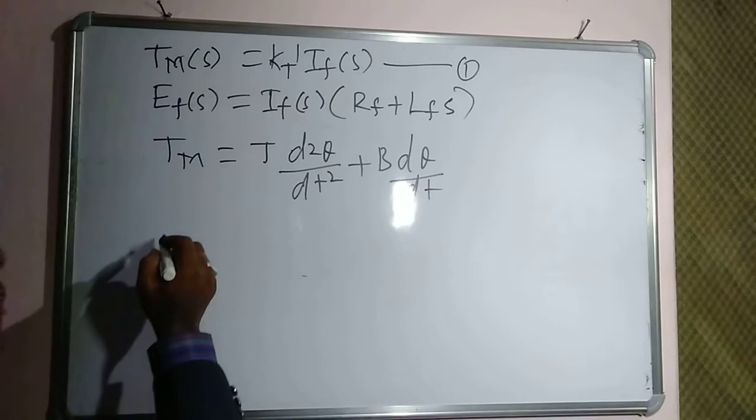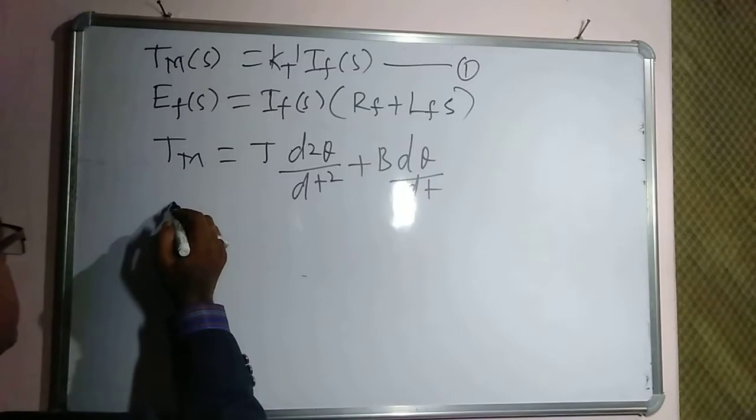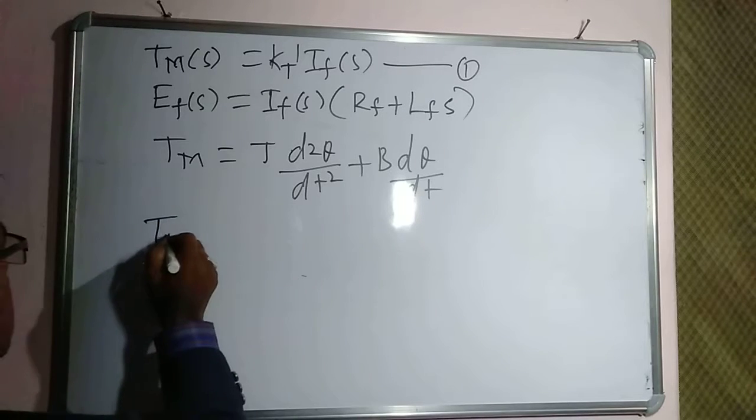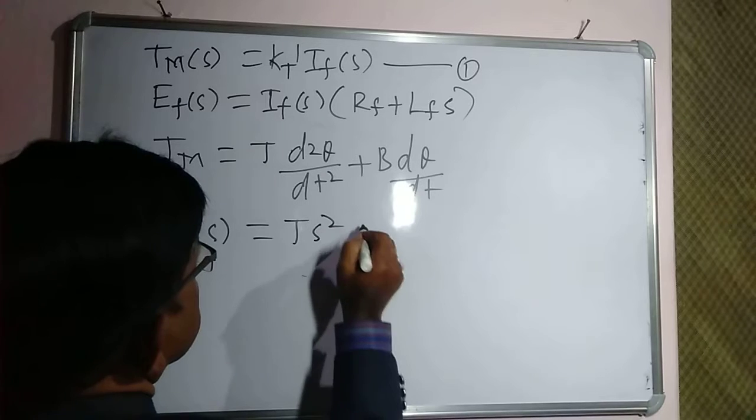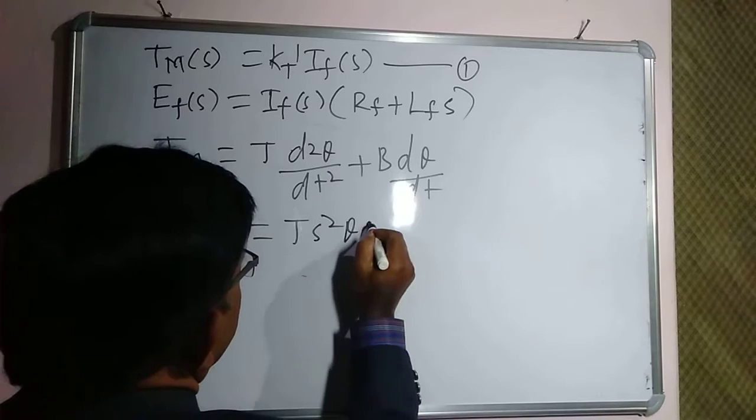So if we take the Laplace transform of this, Tm of s is equal to J s square theta of s.